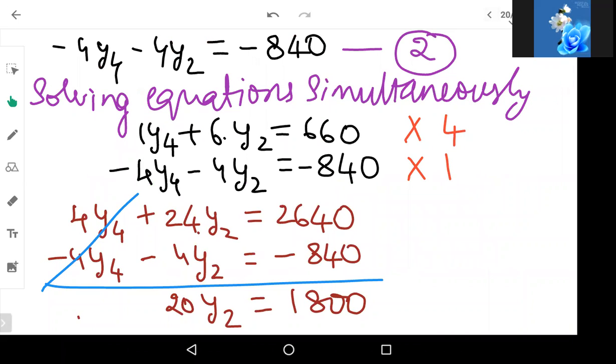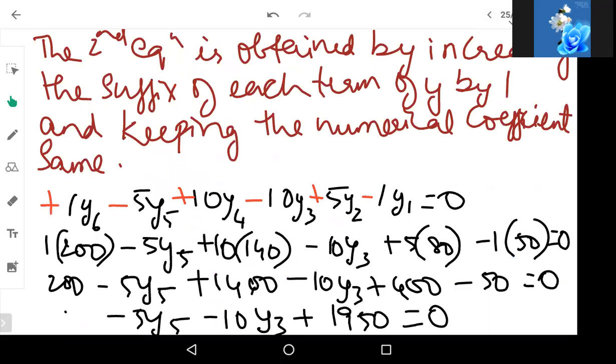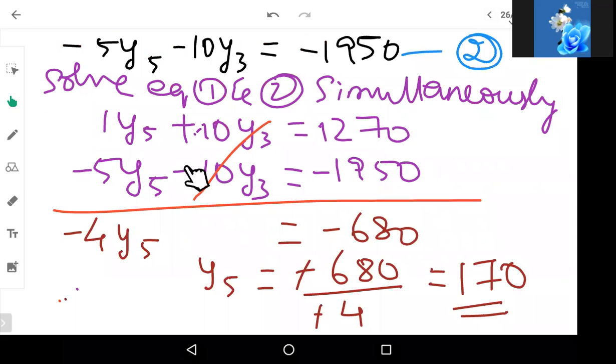Okay, but here in this problem, also you can follow the same technique. There is no problem. But since 10 and 10 was already there, I didn't want to complicate it by multiplying. So that is why I directly cancelled the second value. Here also you can multiply by 5 for this equation and you can take out y5.